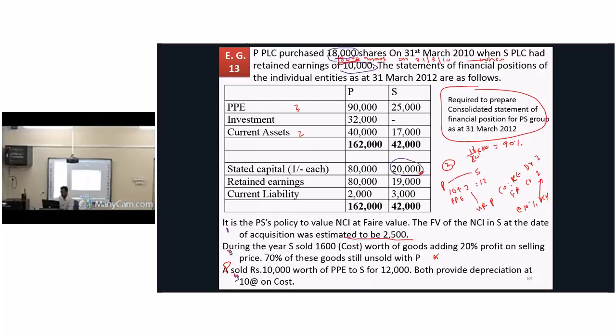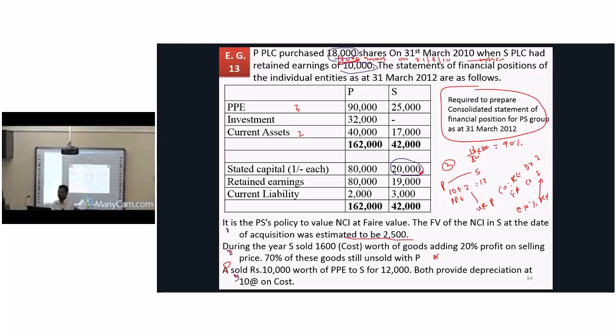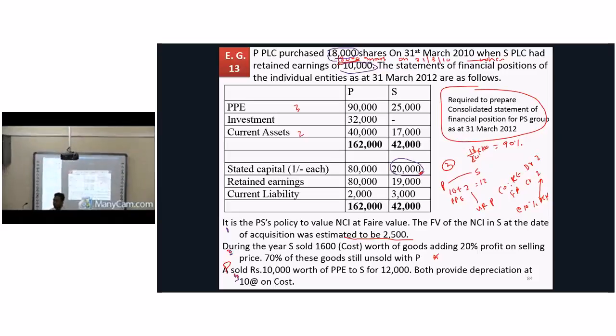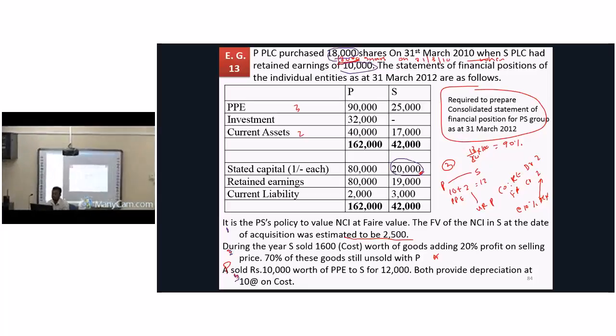Third adjustment. Not third, second. During the year, S sold. S means subsidiary. During the year, the subsidiary sold goods costing 1,600 by adding 20% profit on selling price. 70% of these goods are still unsold with P. P means parent.